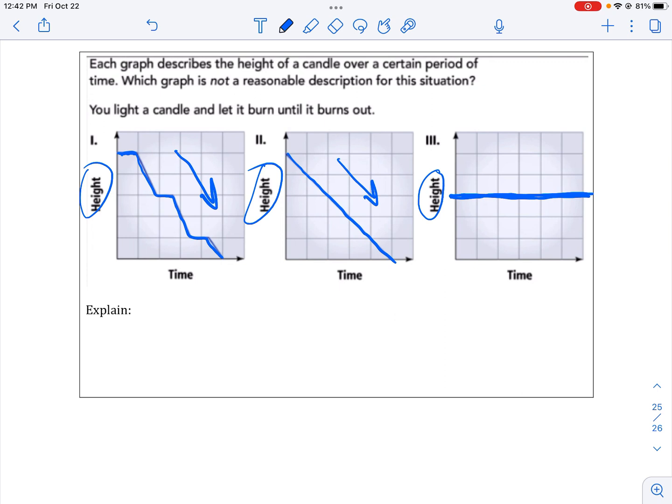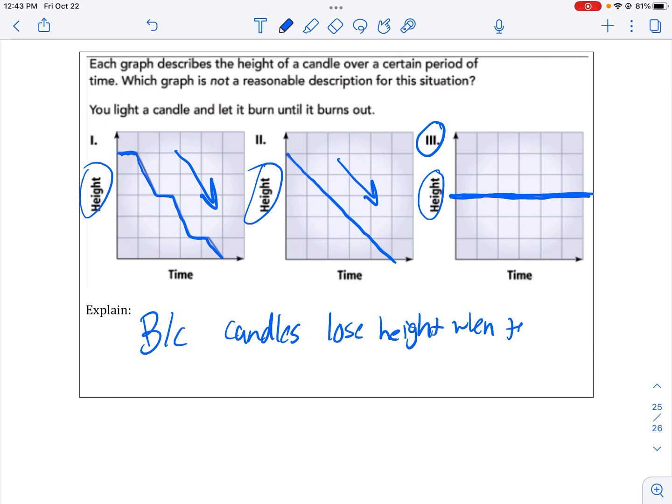So this one, graph number 3, is not a reasonable description because candles lose height when they are lit. They will never remain the same.